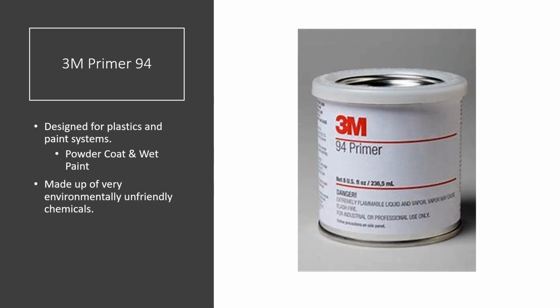Primer 94 is an incredible product. It can help tape stick to surfaces that otherwise would not be friendly for VHB, double-coated tapes, or transfer adhesive tapes. However, it is environmentally unfriendly.